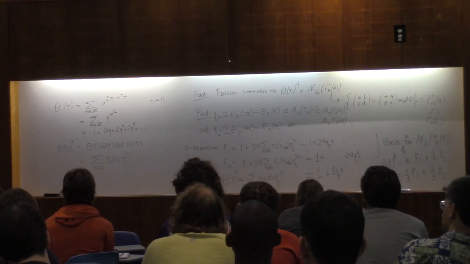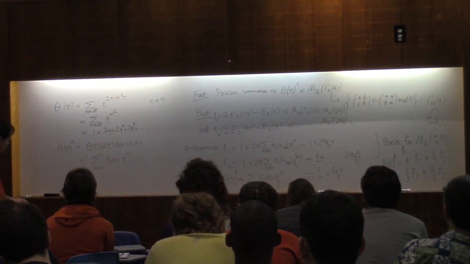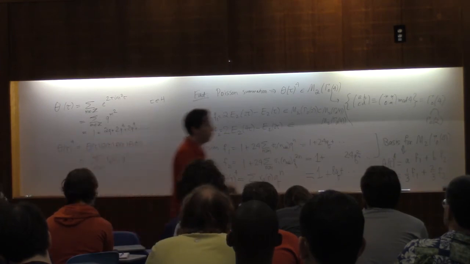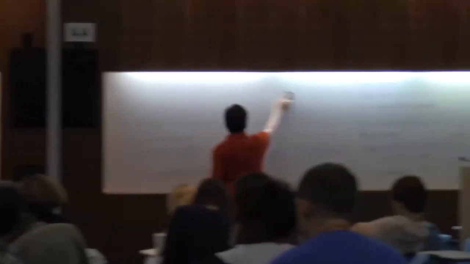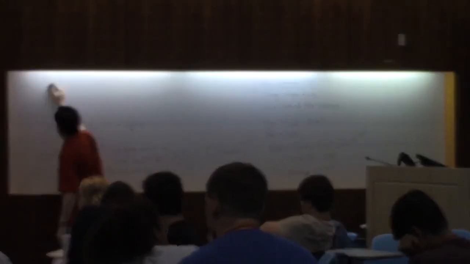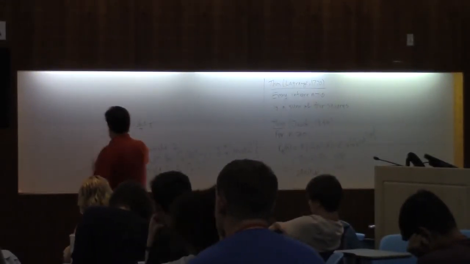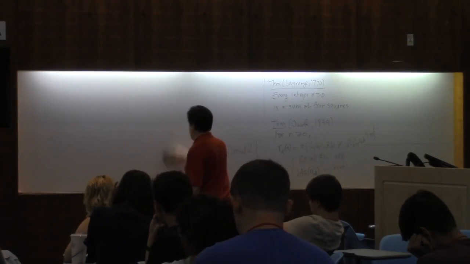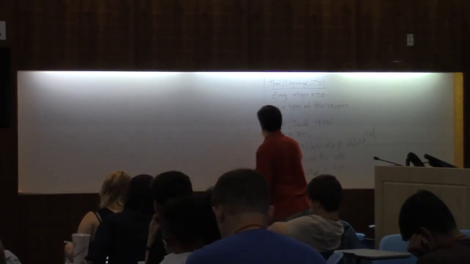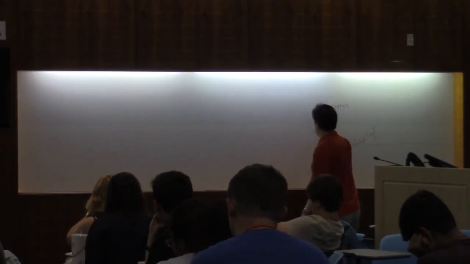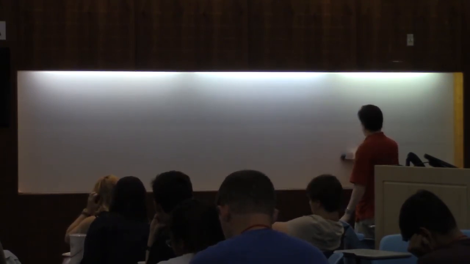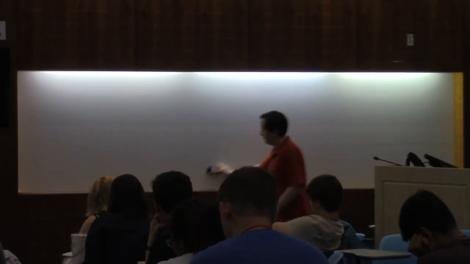So I will illustrate the dimension calculation by working out now the dimension formula for the space of modular forms of each weight for the group SL2Z. Okay? So we want to work out the dimension formula for that. We'll write out what the formula is. Remind you, we saw it last time. And then we'll discuss how you would prove such formulas.